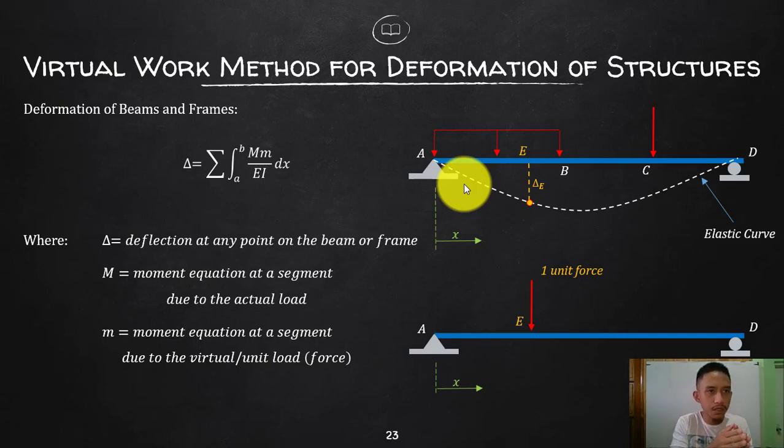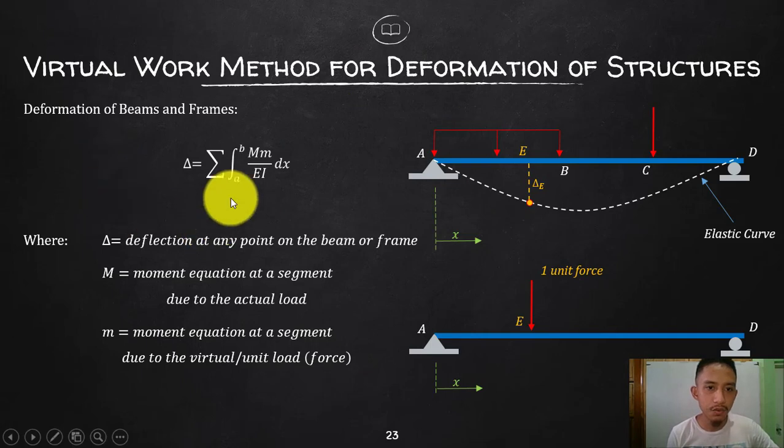But once you proceed to other points on this structure, you will end up with additional loading, so the moment equation on that segment or span will be different from the previous one. So we divide the frame or beam into segments, and each segment should have the same moment equation.